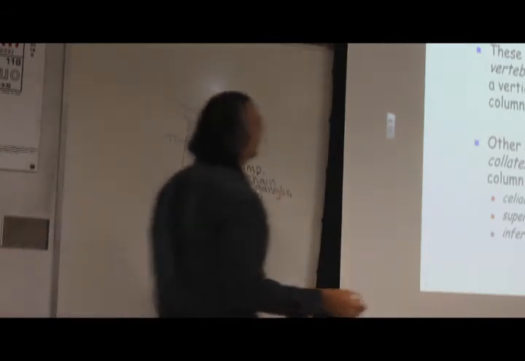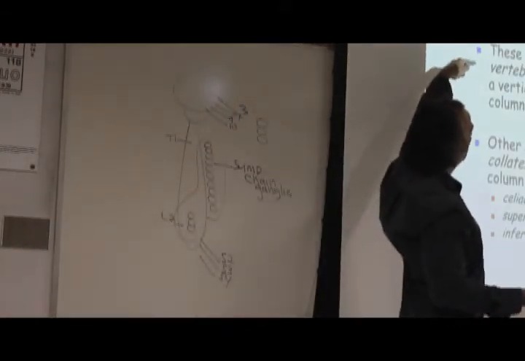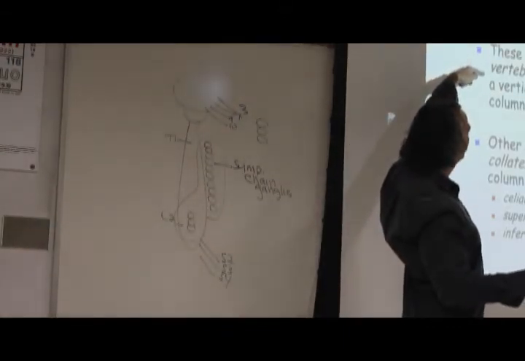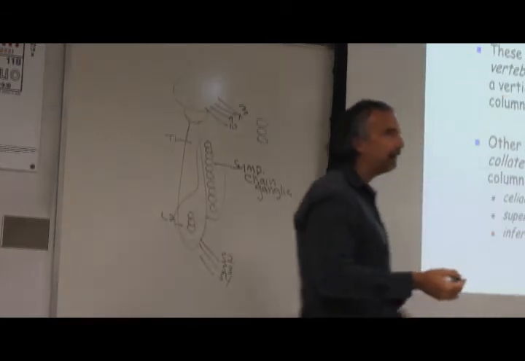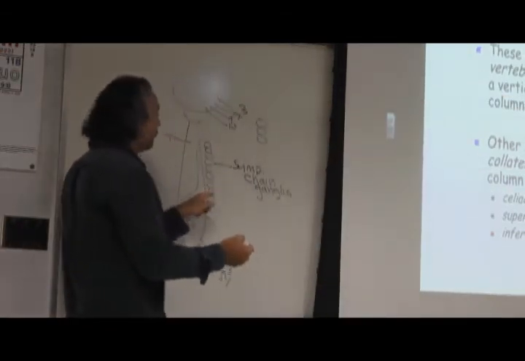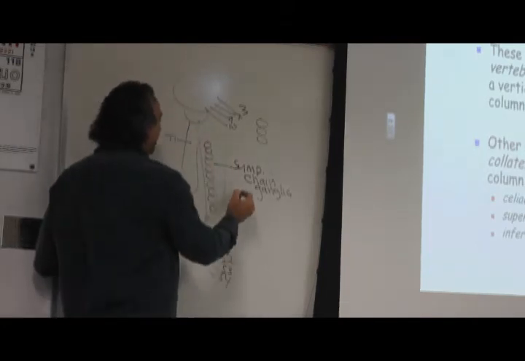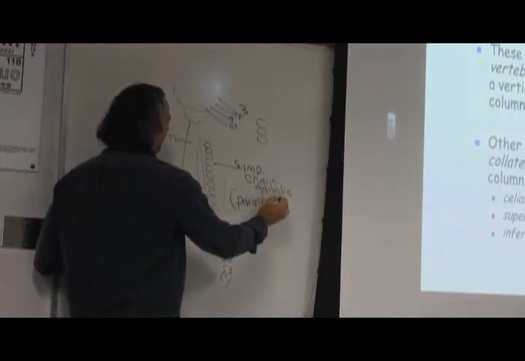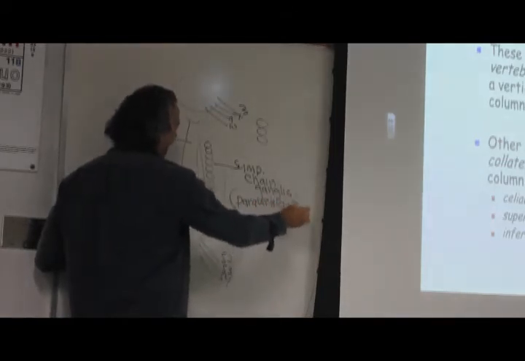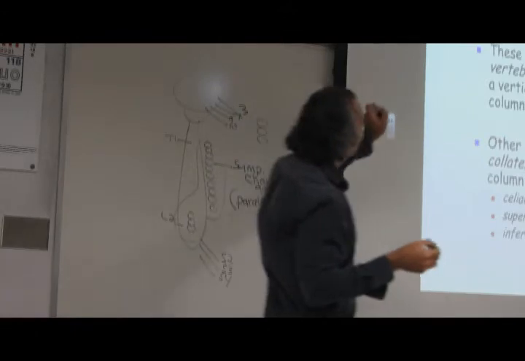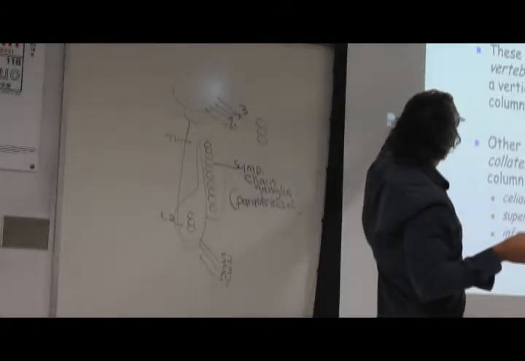These ganglia include the sympathetic chain, also known as the paravertebral. So it runs parallel to or right alongside of, and so those are also called my paravertebral ganglia over there.